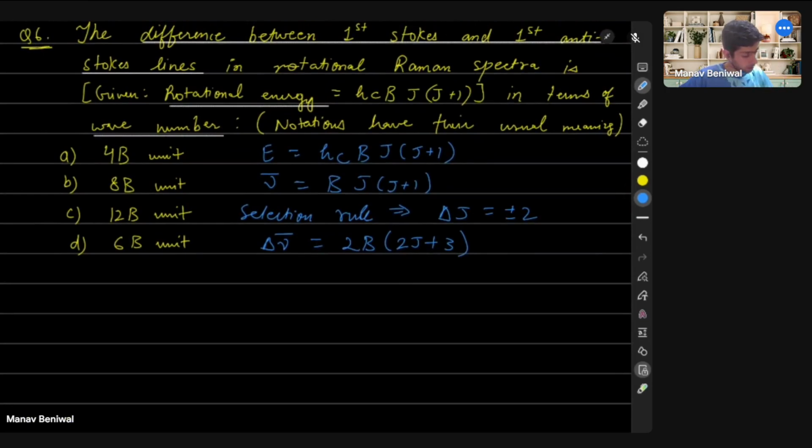Great. Now what the question is asking us is the difference between the first Stokes and first anti-Stokes lines. So that will be, in terms of wave number, Stokes and anti-Stokes.